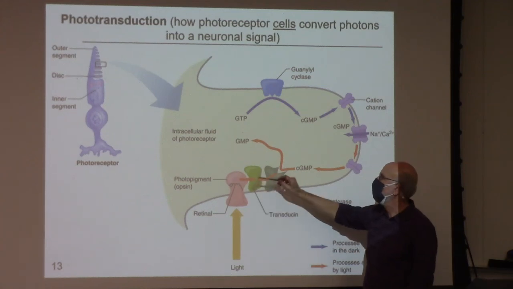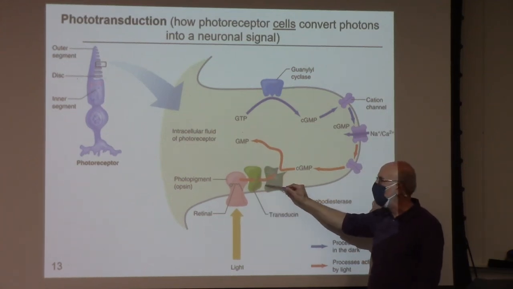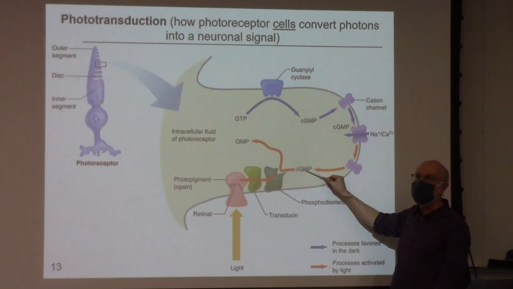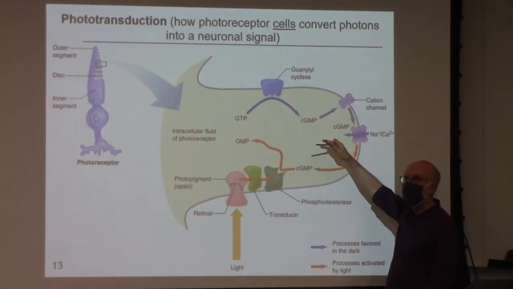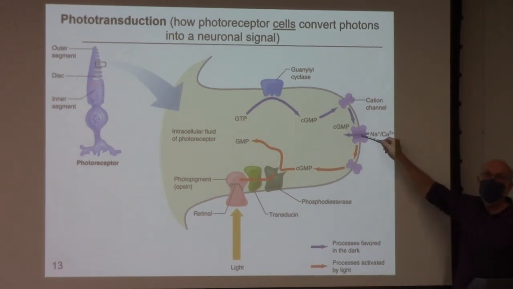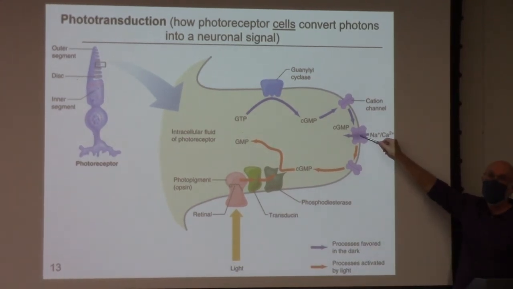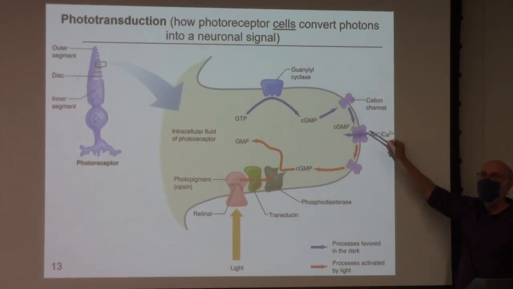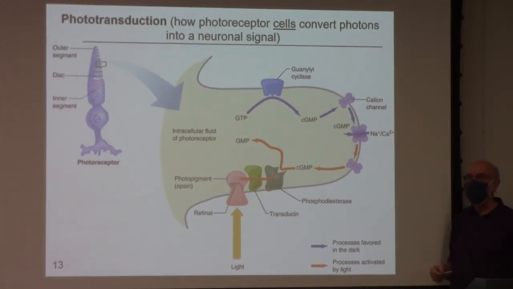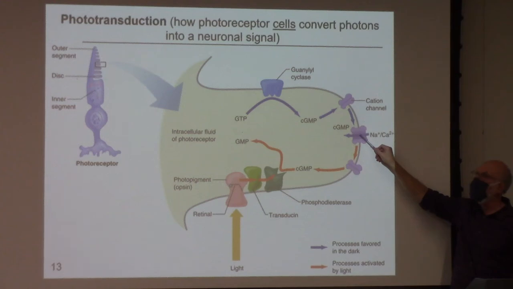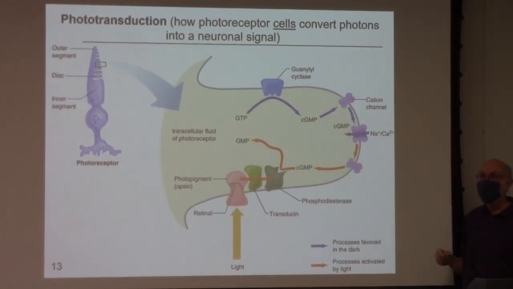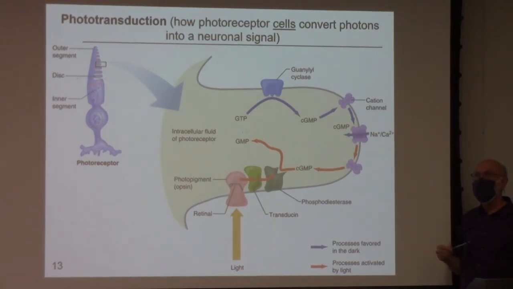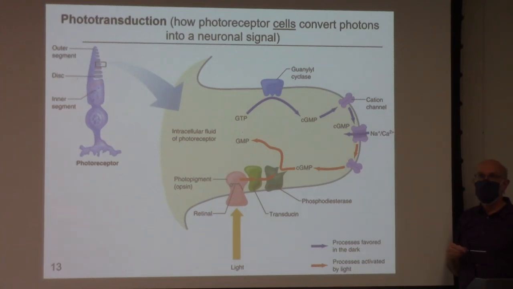Light, enzyme cuts cyclic G. So now if cyclic G concentrations go down, what happens to the amount of channel opening here? It goes down. What happens to the membrane potential? If we close these channels because we've reduced cyclic G, what happens to the membrane potential? Does it go more depolarized or does it go more hyperpolarized? Hyperpolarized.